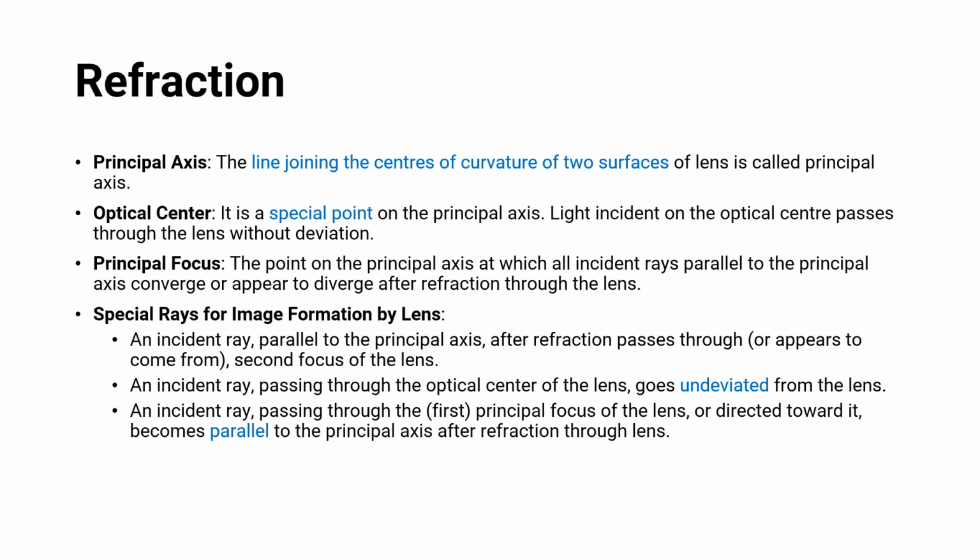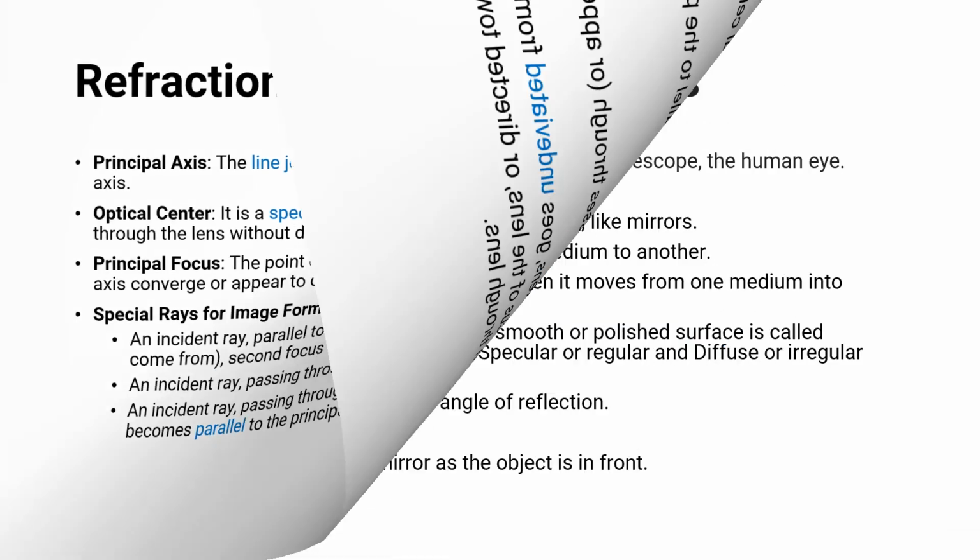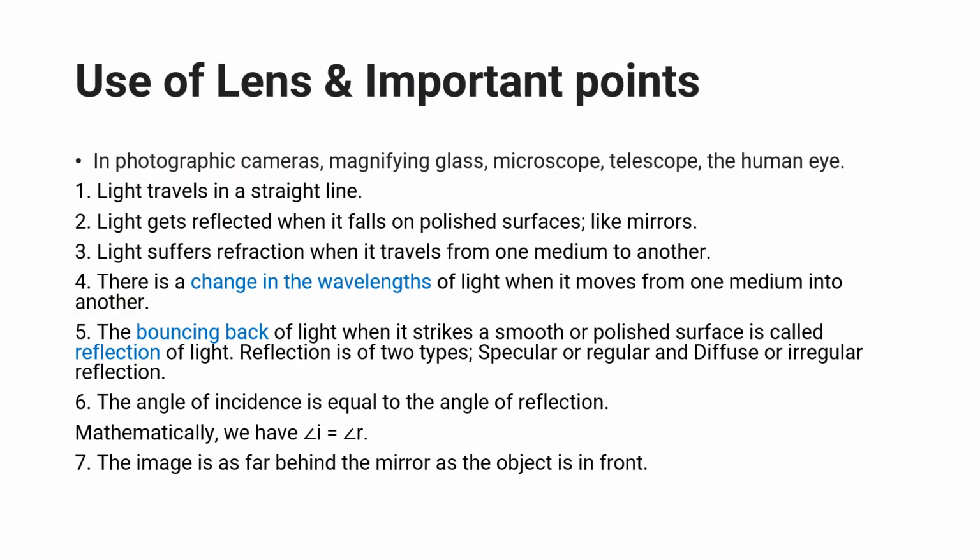An incident ray passing through the first principal focus of the lens or directed towards it becomes parallel to the principal axis after refraction through the lens. Use of lens: in photographic cameras, magnifying glass, microscope, telescope and the human eye.